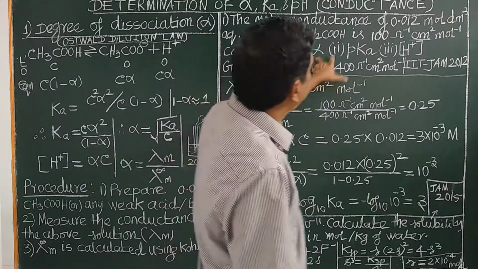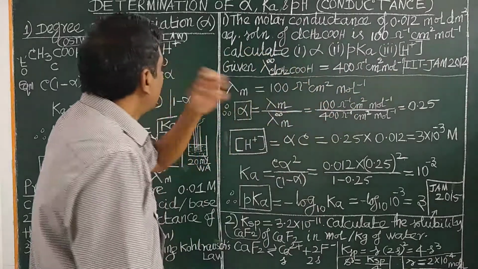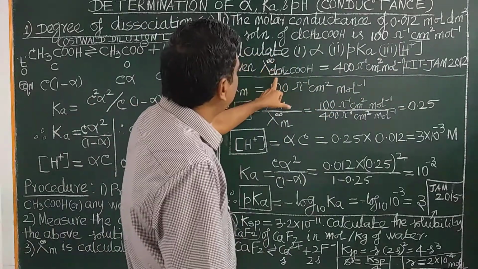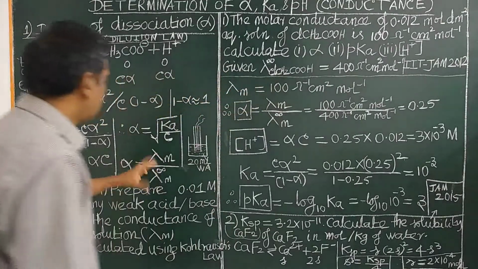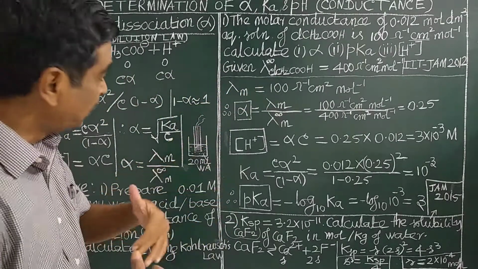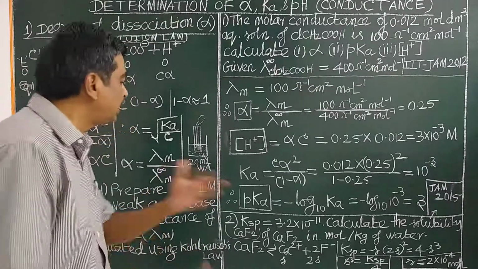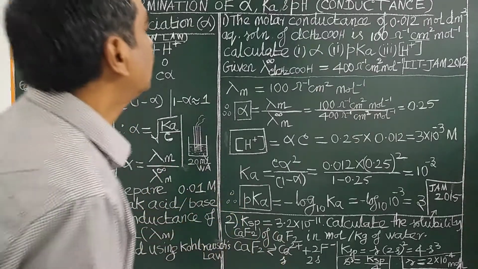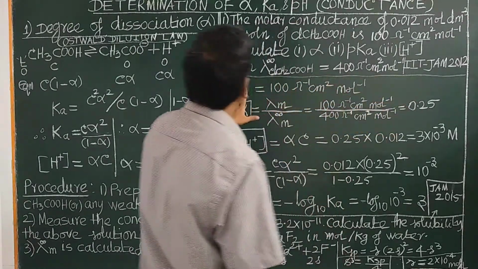Calculate the degree of dissociation, pKa and H plus ion concentration. You are given lambda infinity for the weak acid. For a strong electrolyte it can be experimentally determined, but for a weak electrolyte it is only calculated using Kohlrausch's law. So using Kohlrausch's law, it is given here.